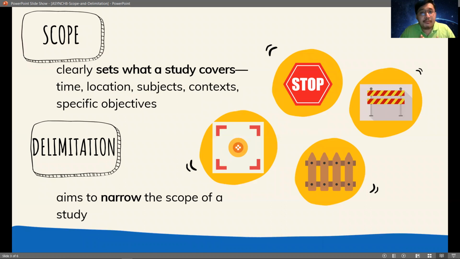When we say the delimitation of the study, from the root word limit, mind you, you will state here everything that will not be discussed in your study. Everything that will not be involved in your study, you have to state that here under delimitation.